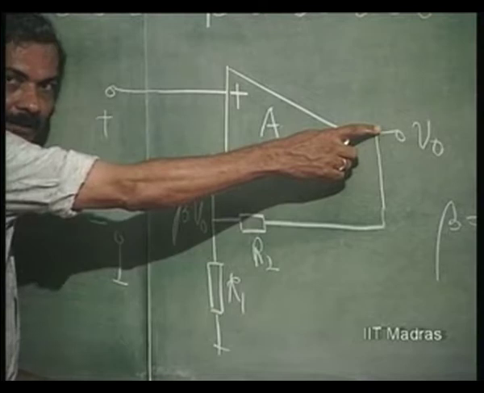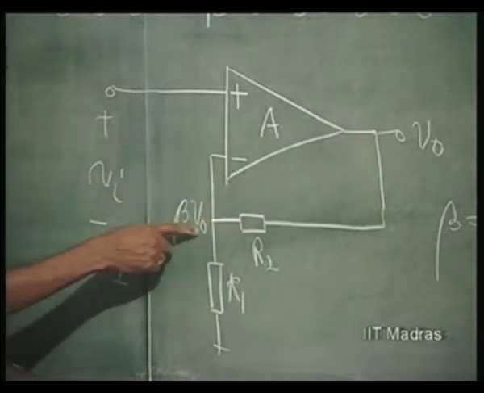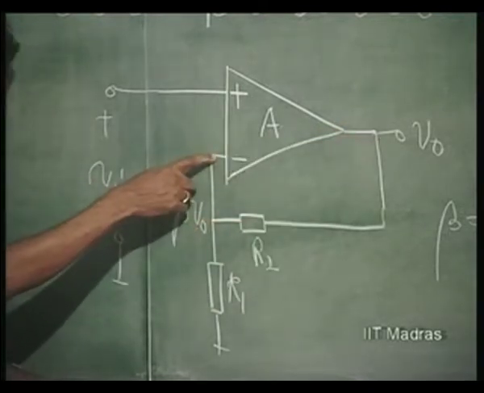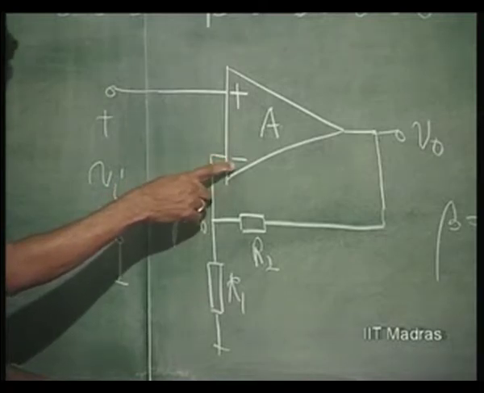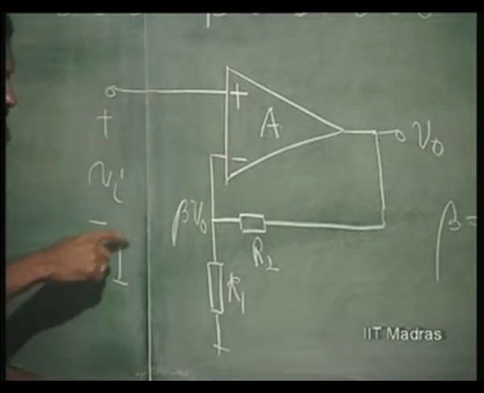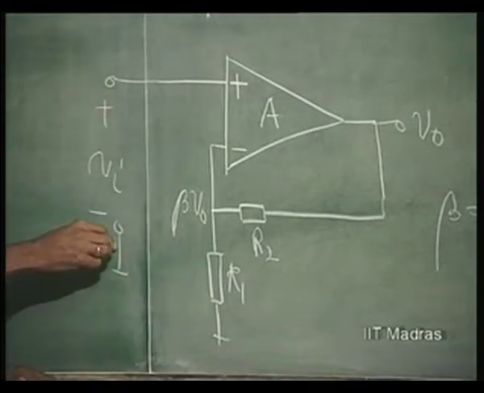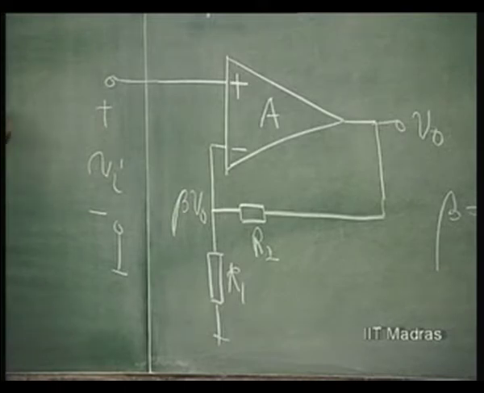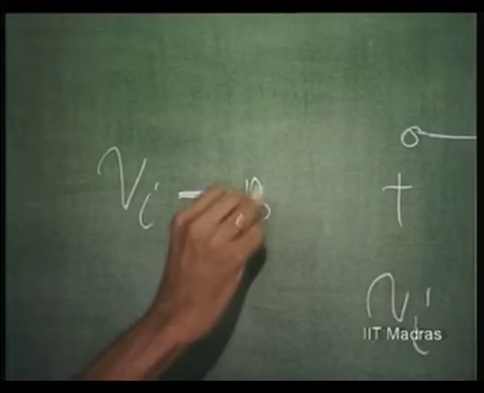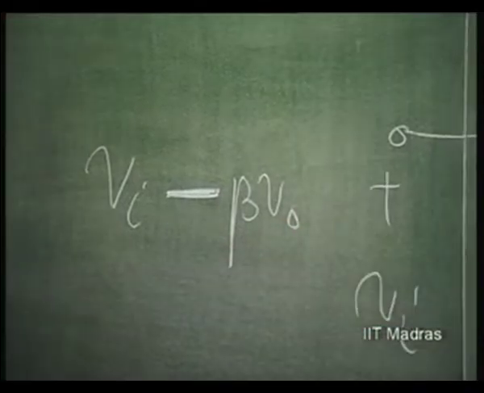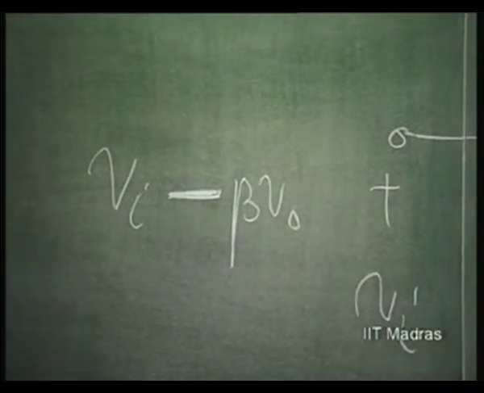Output voltage is sensed, and beta times V naught is fed back to the input, which is the inverting input. This is plus. So, Vi is the actual input minus beta V naught. Vi minus beta V naught is, this is important, what the amplifier takes as the difference signal.